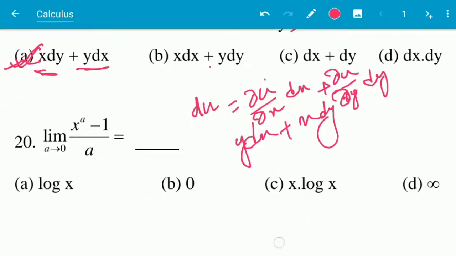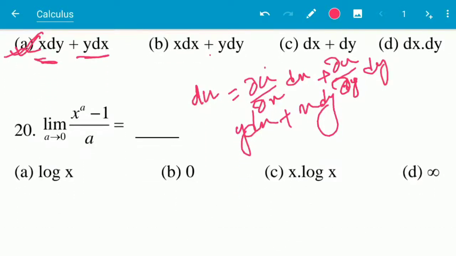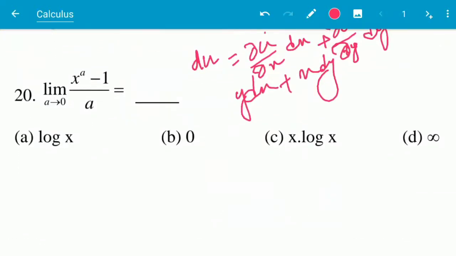Last question, question number 20. Limit a tends to 0, x to the power a minus 1 by a. When we put a is equal to 0, x to the power 0 minus 1 by 0, this is 1 minus 1 by 0, this is 0 by 0 form.